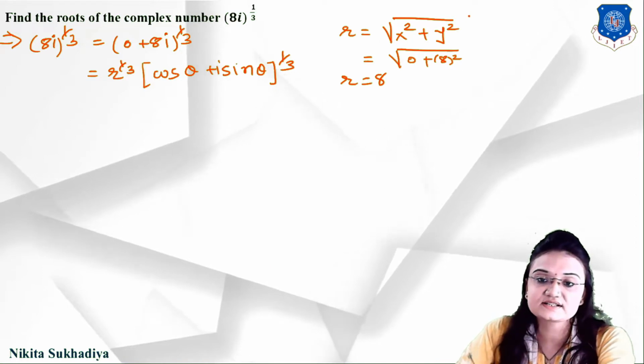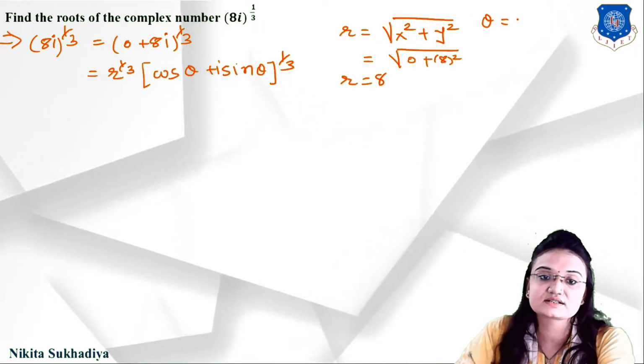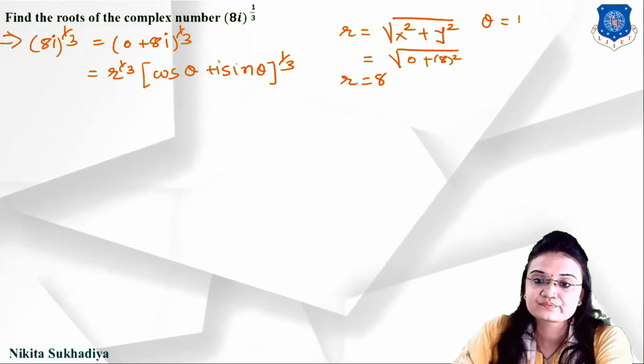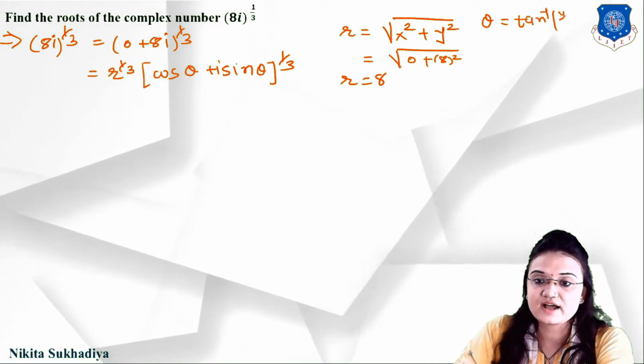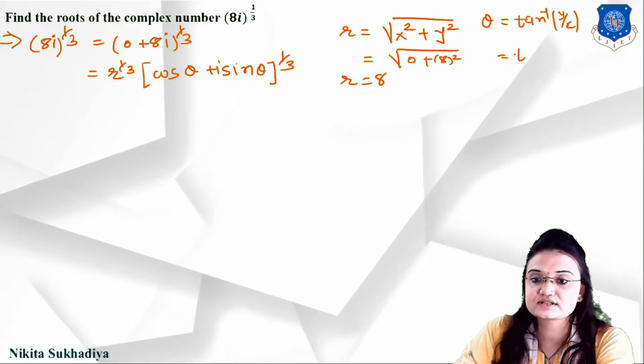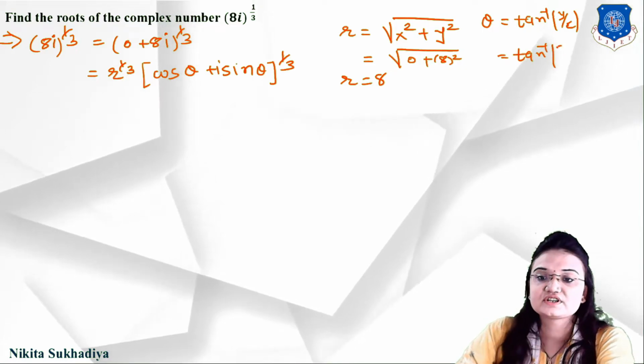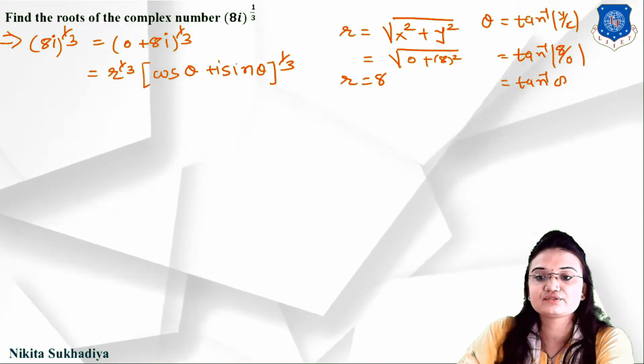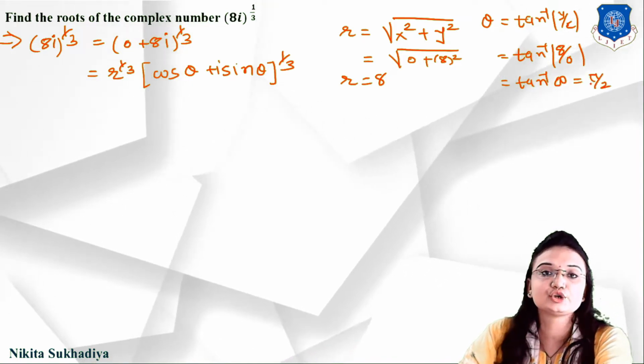Theta is tan inverse of y by x, which is tan inverse of 8 upon 0, that is tan inverse of infinity, which is pi by 2.